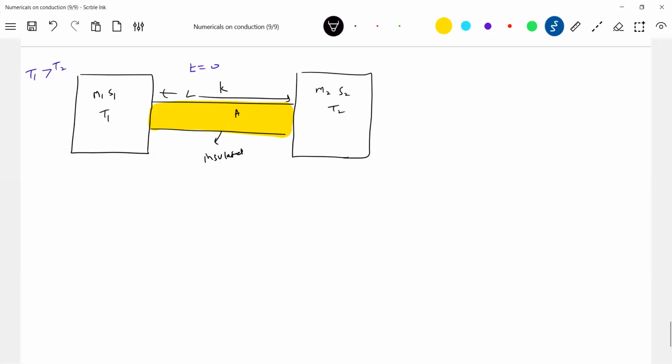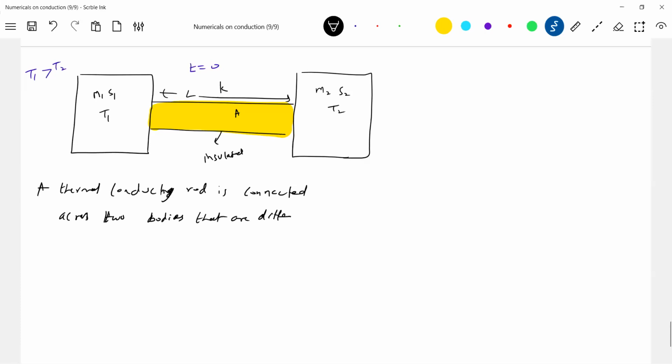Okay, let me add to the question. A thermal conducting rod is connected across two bodies that are at different temperatures as shown.